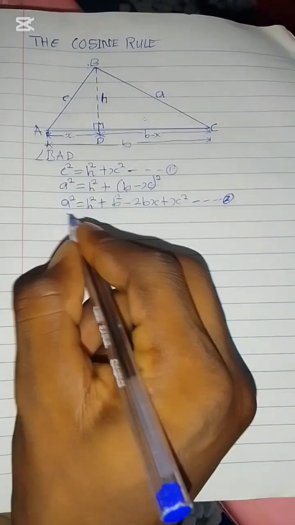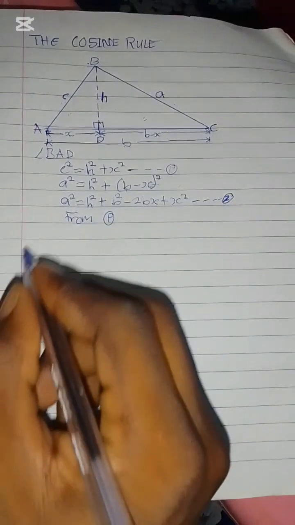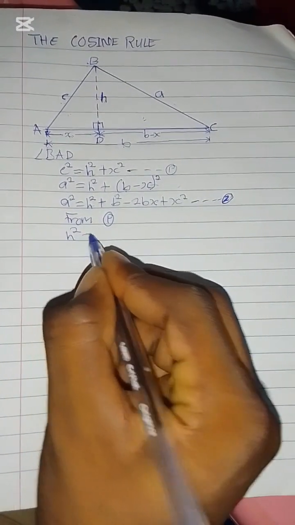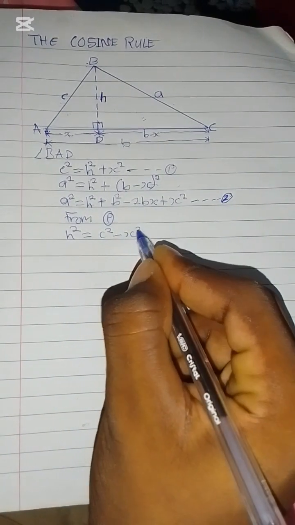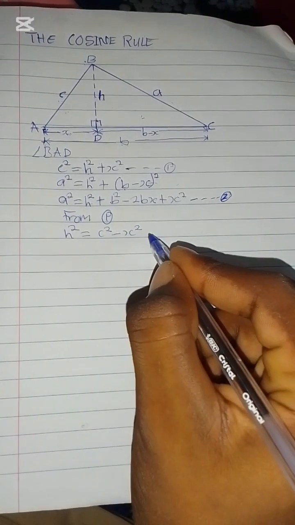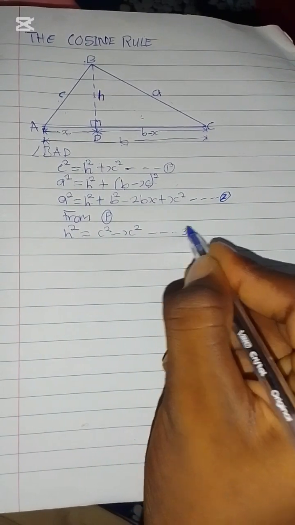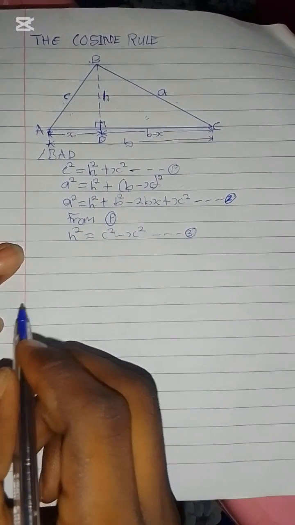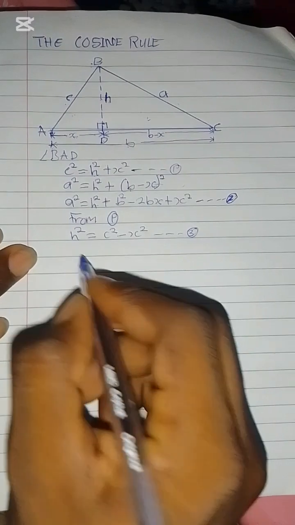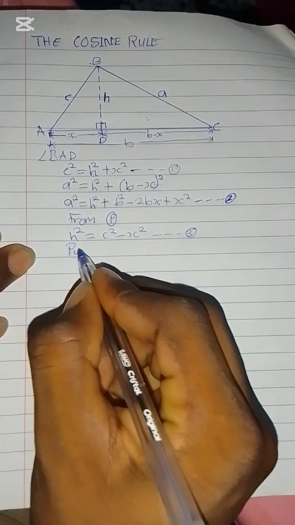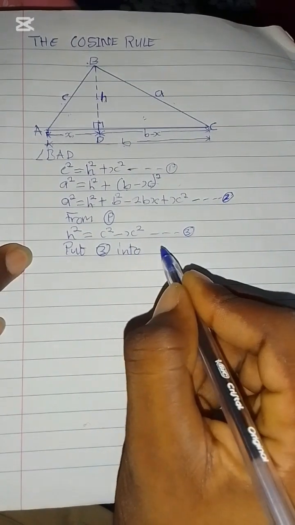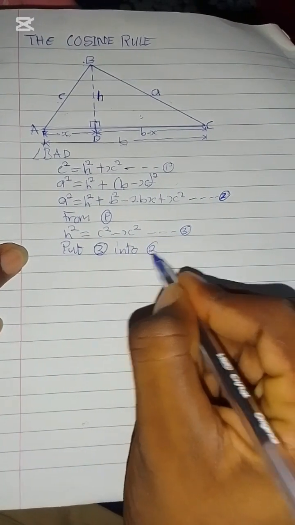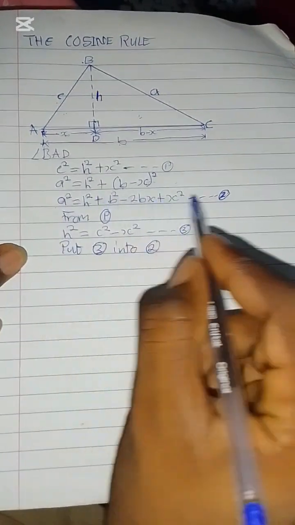So from equation 1, we have that h squared will be equal to c squared minus x squared. I'll name this equation 3. Continuing, I'll put equation 3 into equation 2.